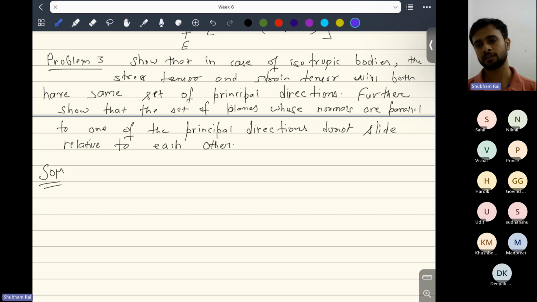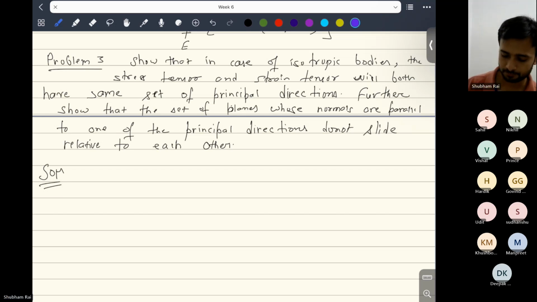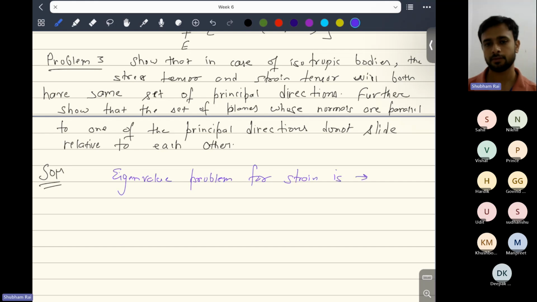Firstly, let's find out the principal directions of the strain tensor. An eigenvalue problem for strain, because it boils down to an eigenvalue problem when we try to maximize the normal component of the strain tensor or stress tensor.